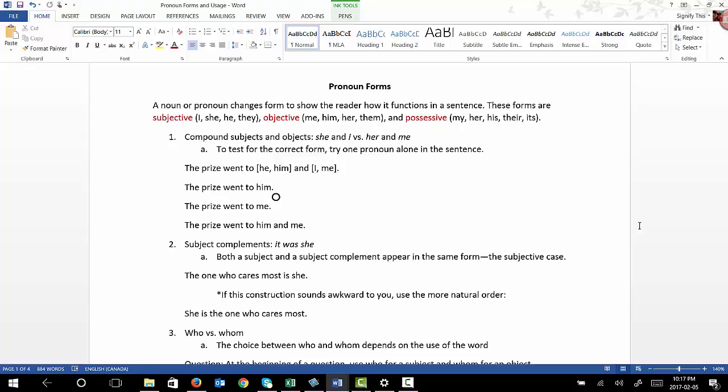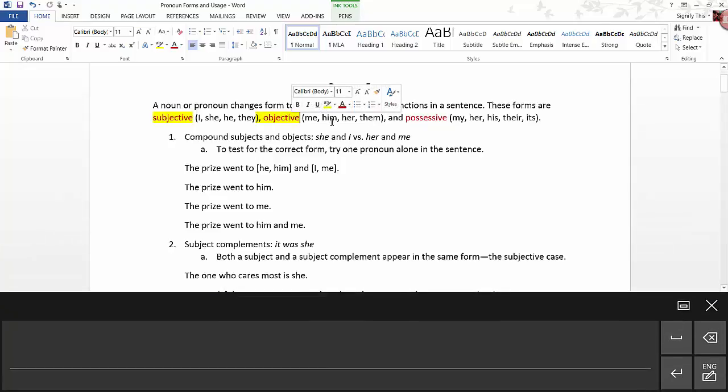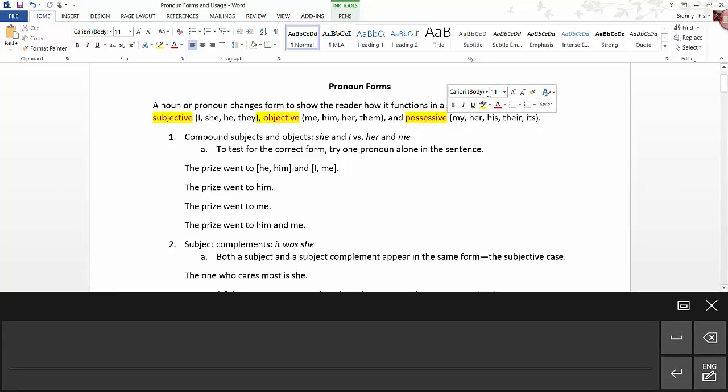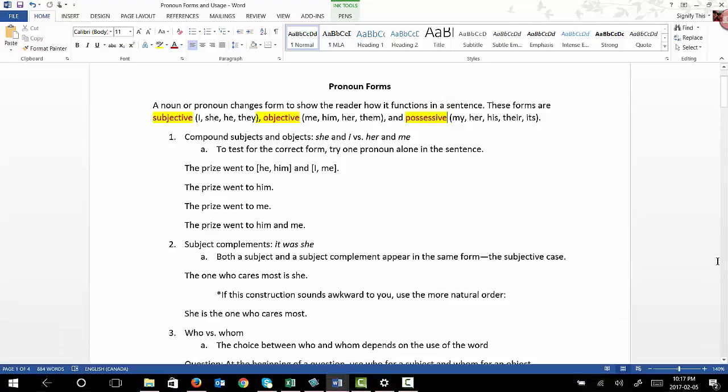These forms are the subjective pronoun using the words I, she, he, and they, or the objective pronoun using the words me, him, her, them, and the possessive pronoun using the words my, her, his, their, and its.